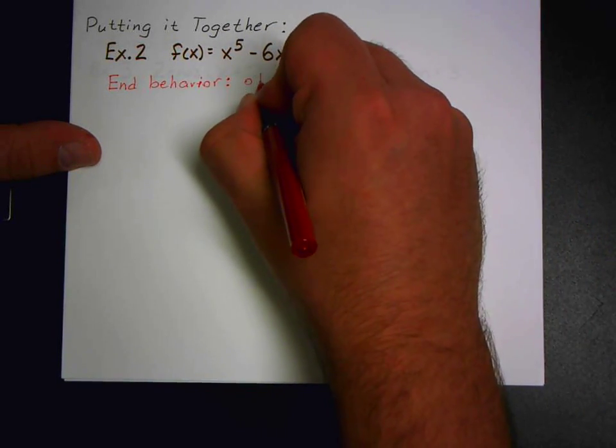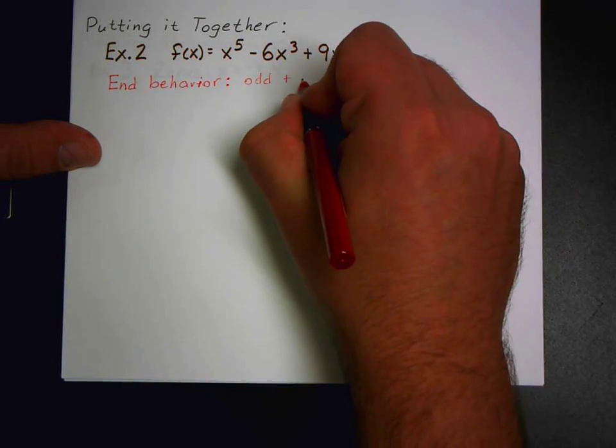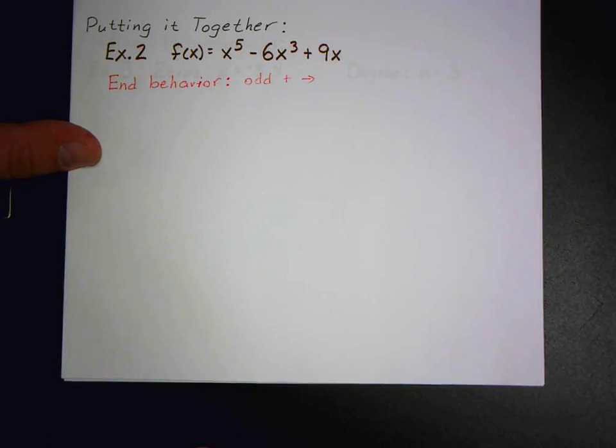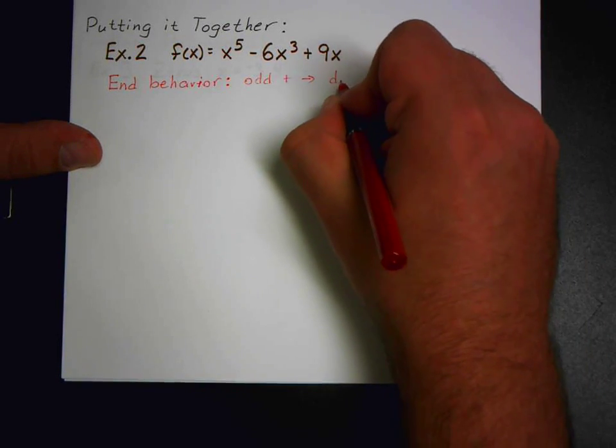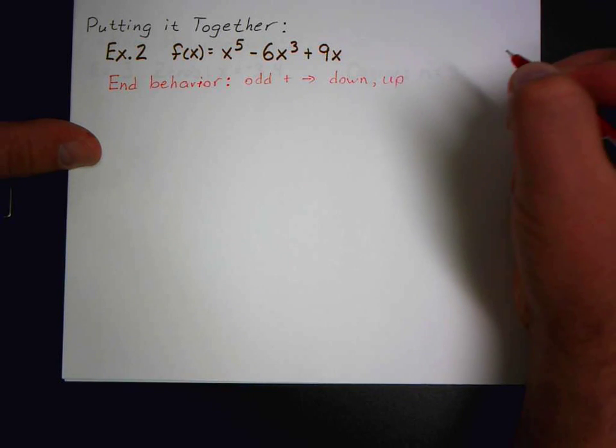Okay, this is an odd positive. So that means on the left-hand side it's going to go down, and on the right-hand side it's going to go up.